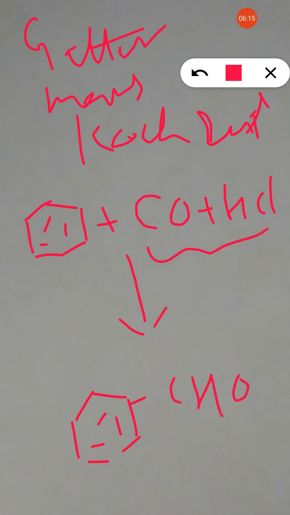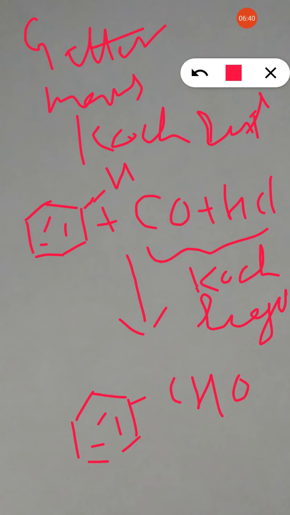This is said to be Koch reagent, that is carbon monoxide and HCl gas is said to be Koch reagent. This on rearrangement forms benzaldehyde. That is Gattermann-Koch reaction, a reaction in which simple benzene is converted into benzaldehyde.